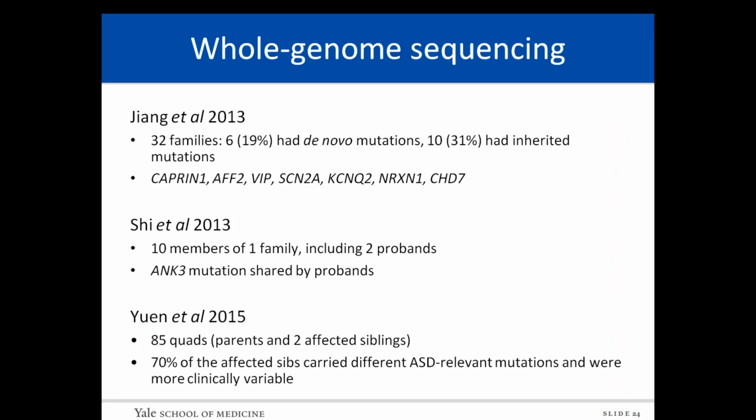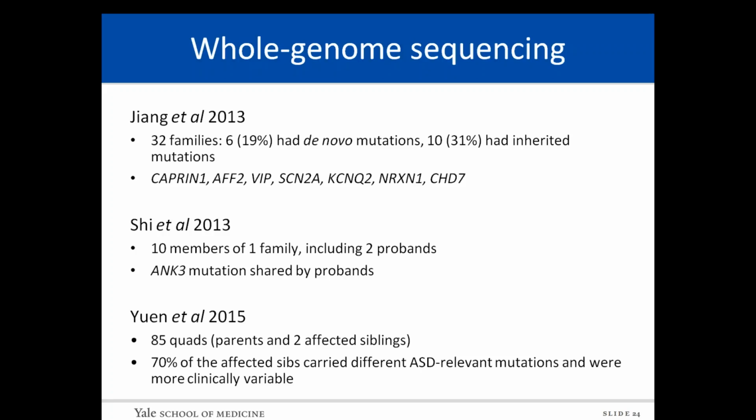Now that it's becoming faster and more affordable, more and more labs are doing whole genome sequencing in autism, so papers are starting to trickle out. There were a couple of papers published in 2013.